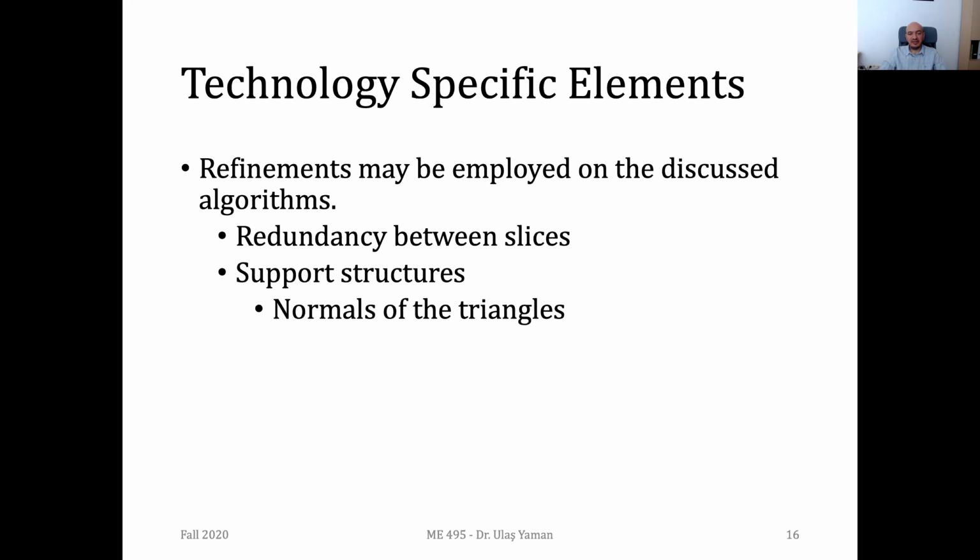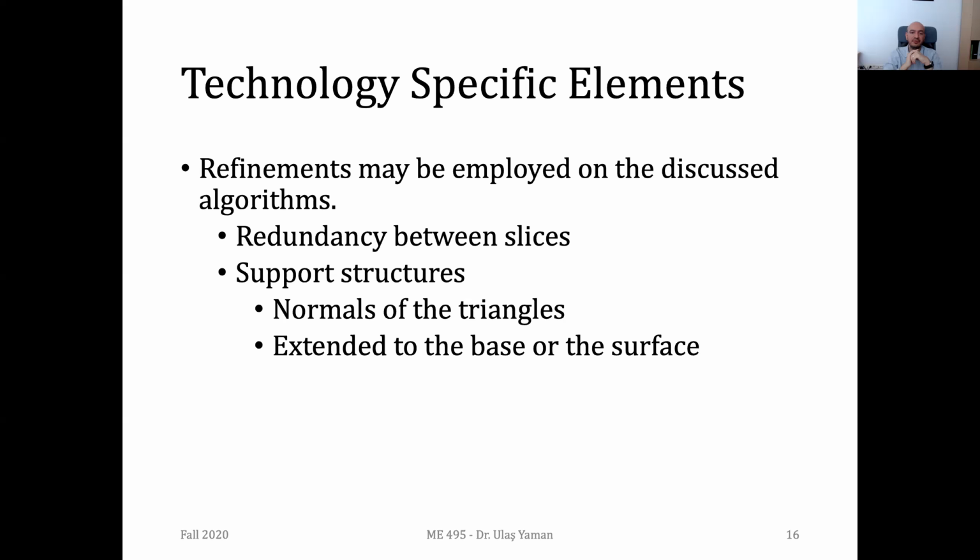Here we can simply consider the normals of the triangles, and according to their angles, we can decide whether there's a need for support or not. And sometimes you may need support going to the base downwards or going to the part itself.